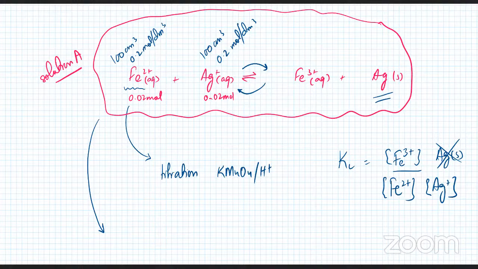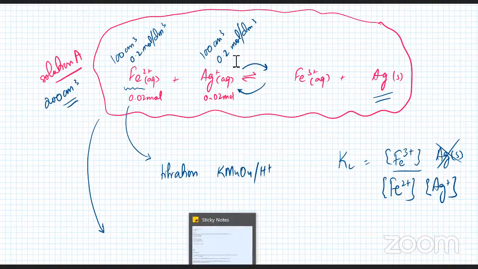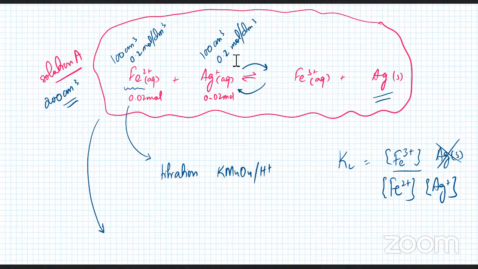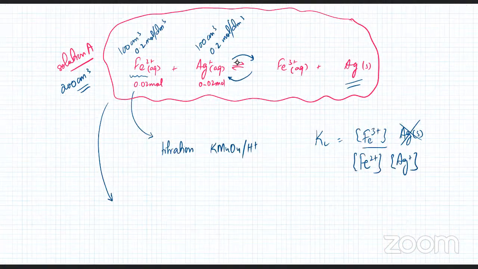Remember this was a total 200 cm³ solution, because it was 100 cm³ of one solution mixed with 100 cm³ of another solution. So the resulting mixture that's now been taken out into a conical flask is only a 25 cm³ sample. So it obviously contains iron ions and all the products and reactants will be present in this.